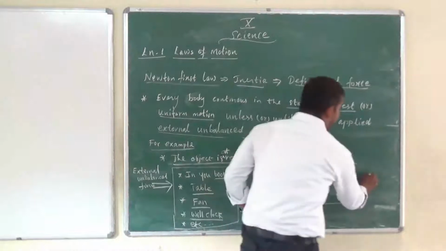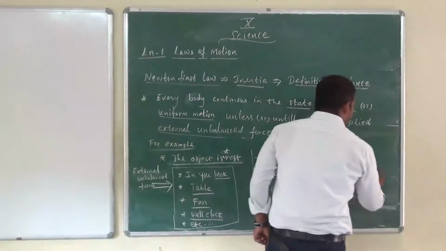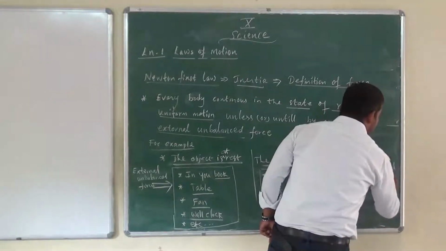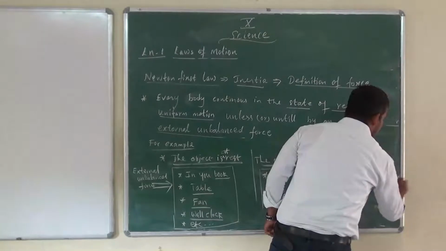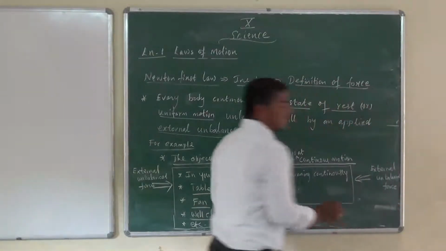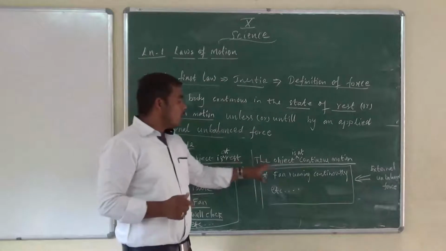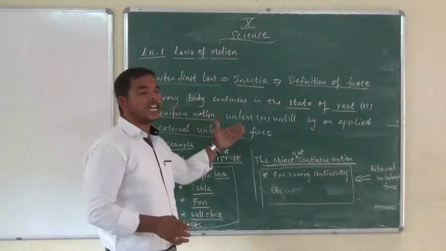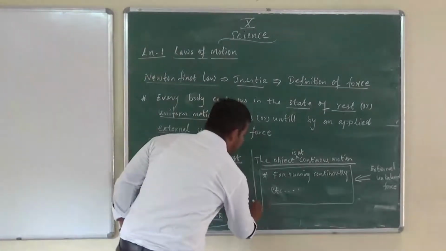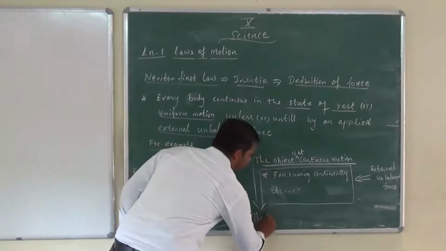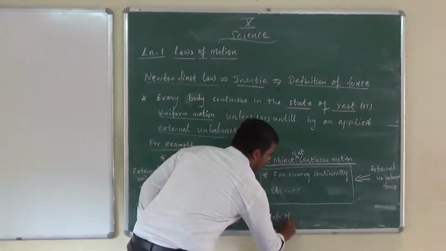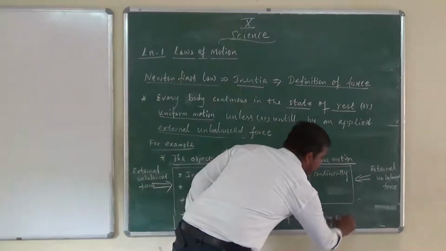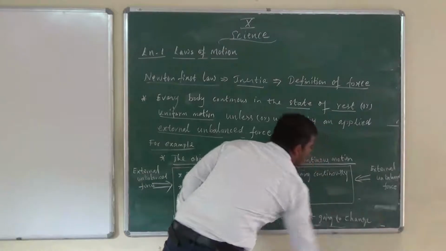Here also we apply the external unbalanced force. What happened? The one running continuously comes to rest. The state is changed. The final conclusion: the state of the object is going to change.